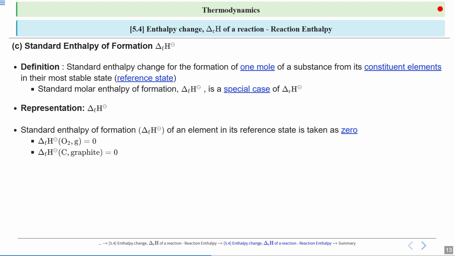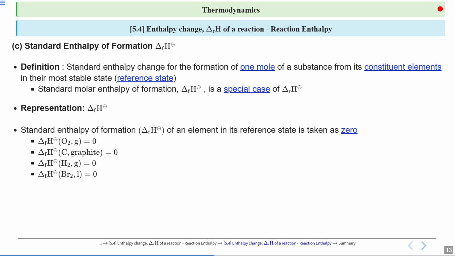Next, we have the standard enthalpy of formation for carbon. Now, the standard state for carbon is simply graphite. No other allotrope will have this formation as 0, only graphite will have it. Next, if you consider hydrogen, then H2 is the normal case for hydrogen, and therefore its standard enthalpy of formation will be 0.